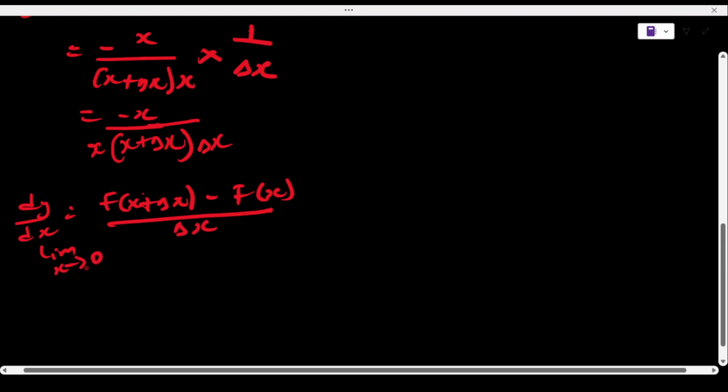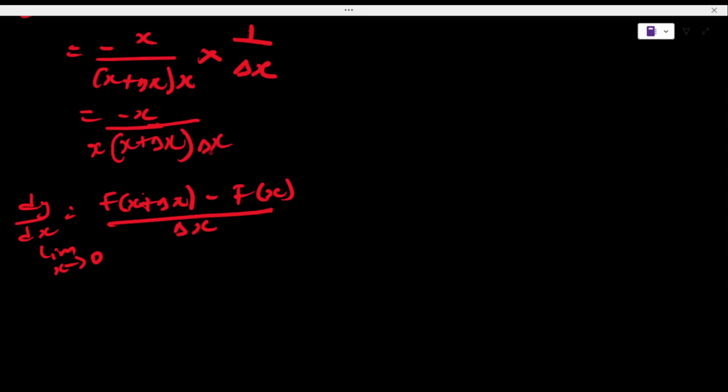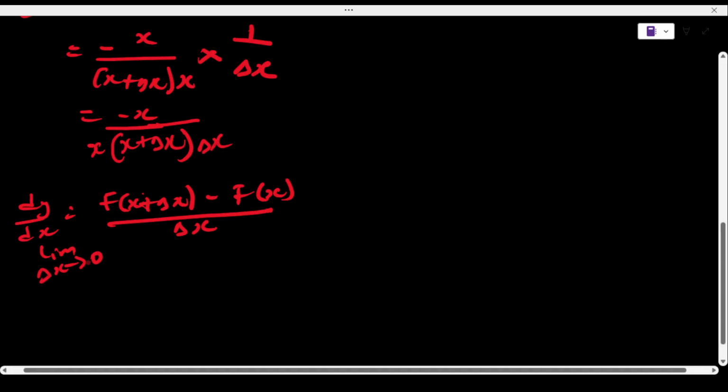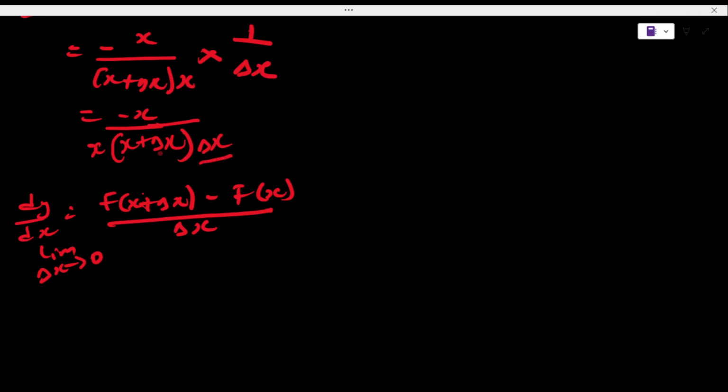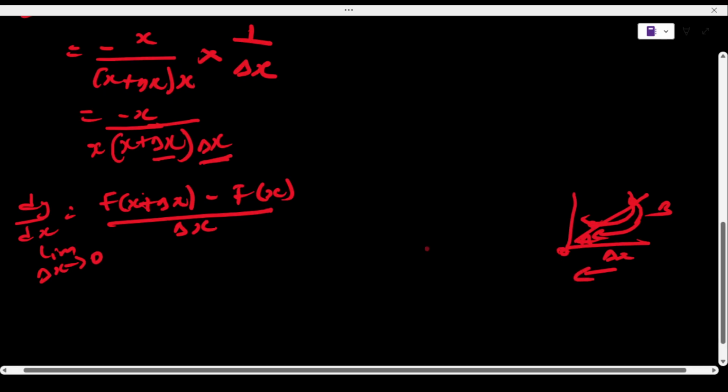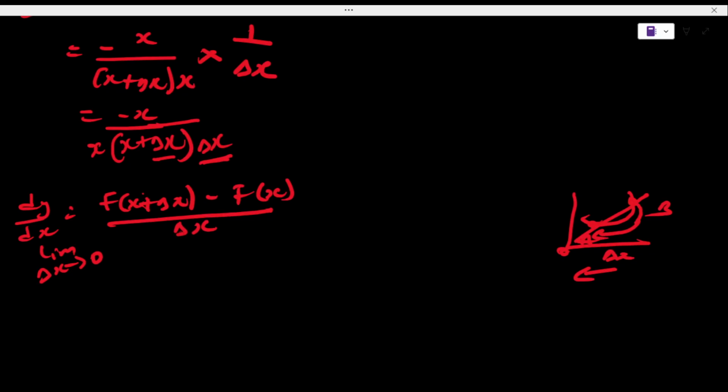Since our change in x is approaching 0, all this value of change in x, we are going to turn to 0. If you recollect, this is point B, this is point A. The moment point B moves to point A, our change in x tends to 0. So all our change in x here is 0.